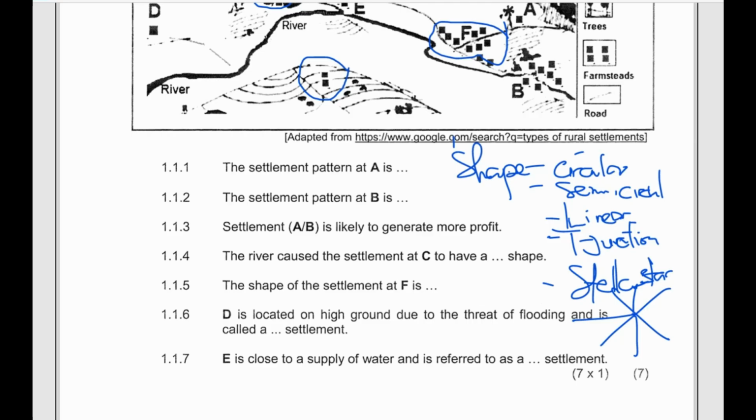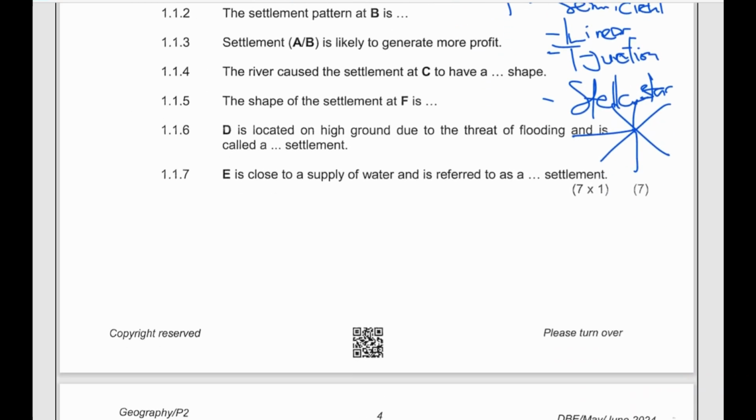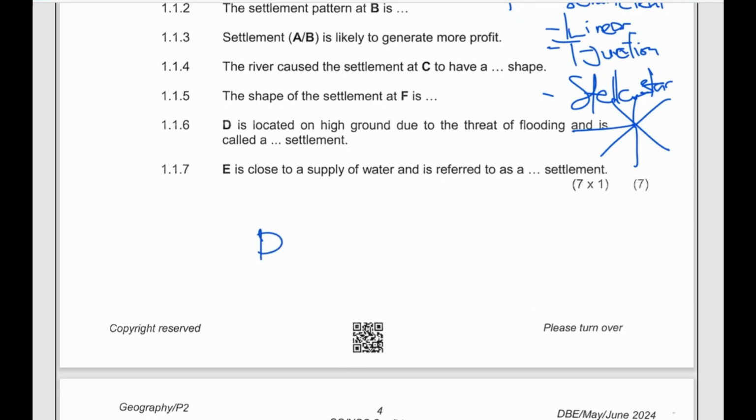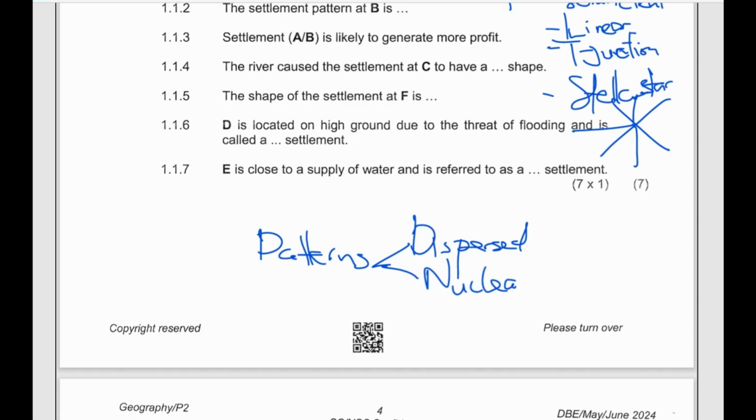But when we are talking of settlement pattern, now we are talking of something different. Whenever you get a question which asks about the settlement pattern, remember we have two patterns of settlement. Either the settlement is dispersed, or the settlement is nucleated.